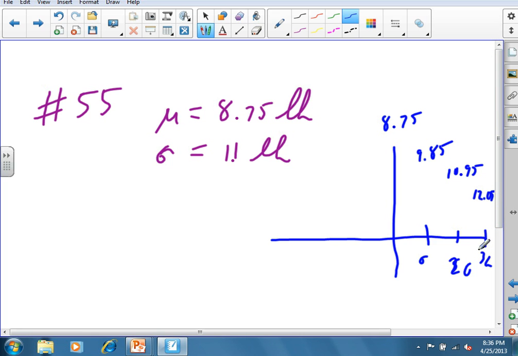Okay, so that's where we are. She's weighing 11 pounds. Well, that's almost there, right? So at 11 pounds, there's going to be 2.5% left over going that way. So my A answer is she is in the 97.5 percentile.